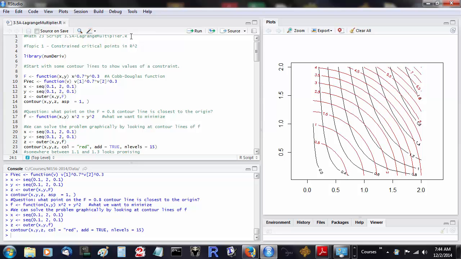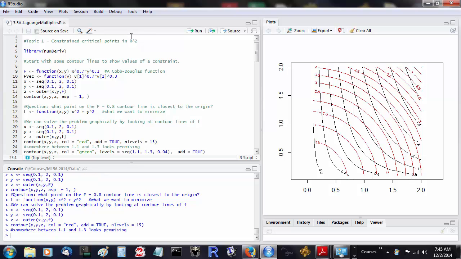Looking at the diagram, you can see that the contour lines 1 and 1.5 lie on either side of the 0.8 contour line, and some contour line around 1.1 to 1.3 might actually touch that contour line at 0.8. Let's try it.